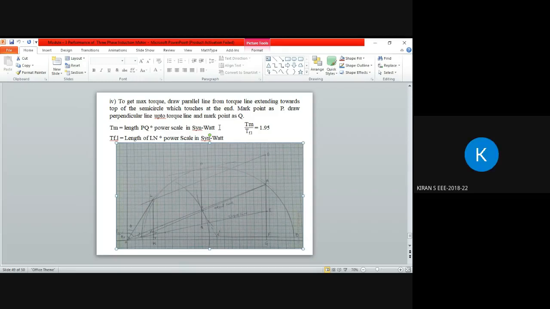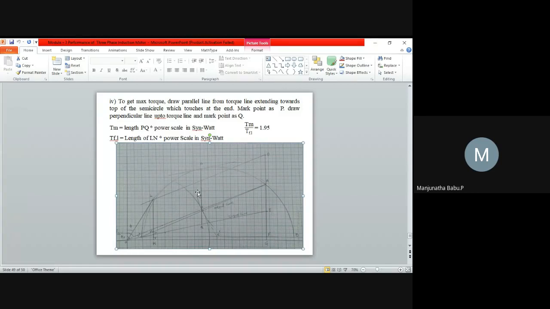The perpendicular line length is 7.5. You are getting almost 7.5.